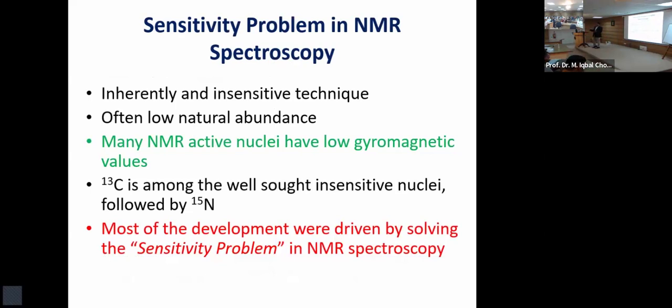Dynamic range spectroscopy was developed. New cryoprobes were developed. A whole range of different things were developed. But largely, in the first 30 years, people were looking at how to detect carbon-13. All motivation was to detect carbon-13 because this was the domain of organic chemistry at that time.